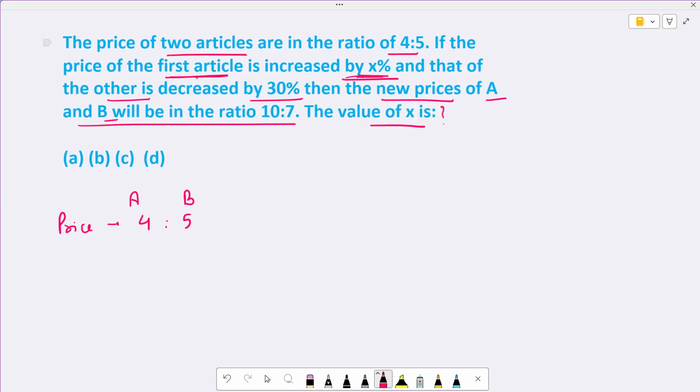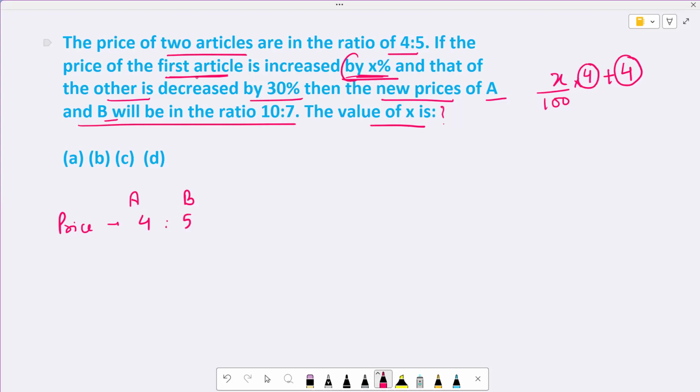If the price of the first article is increased by X%, which means that if the price of this article is 4, then an increase of X% means X% of 4 is added to 4, the original price.